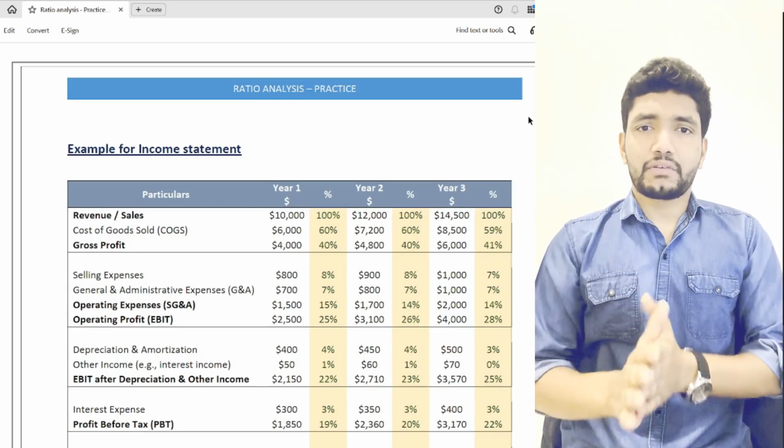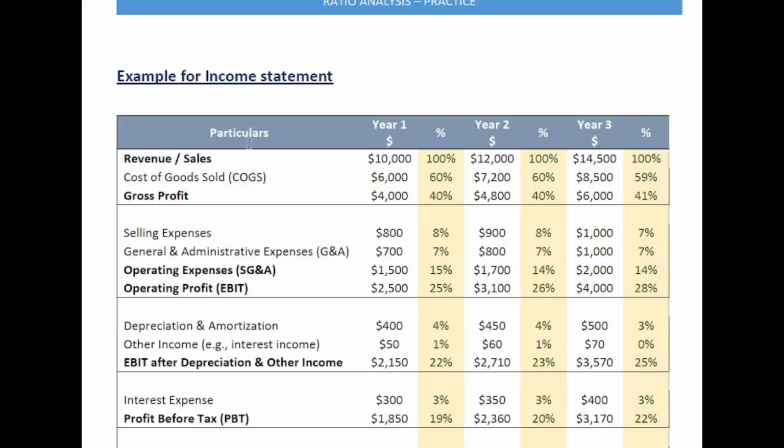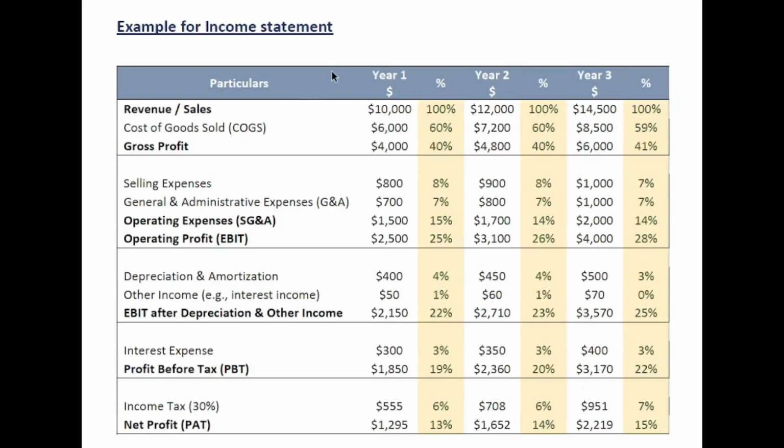Before starting our analysis, let's take an example of an income statement. Here is an example of an income statement. It is prepared for year 1, year 2, and year 3, three years. You can see the revenue here, which we call the top line, and the cost of goods sold.